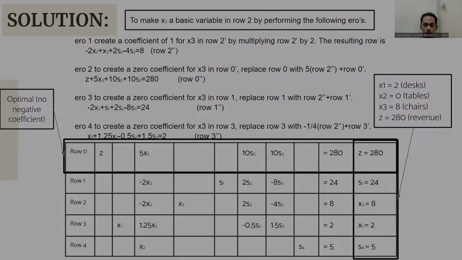To maximize the value of z, we need x1 to be 2, x2 to be 0, and x3 to be 8 to gain the maximum revenue of $280. That's all from us. Thank you.